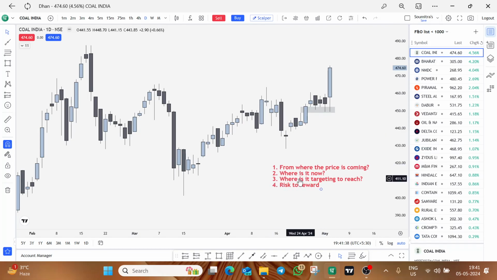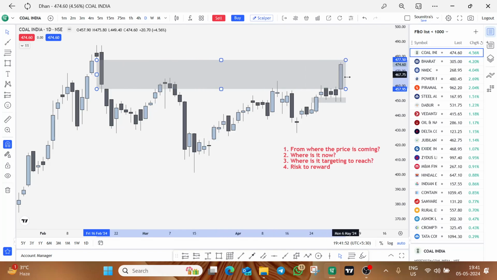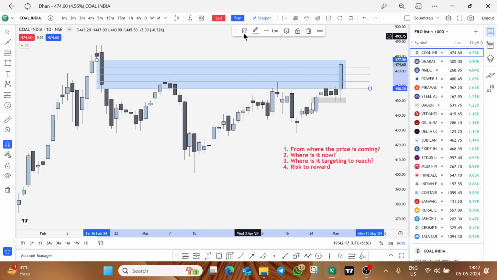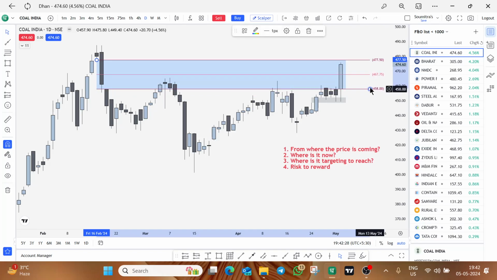So then the third question is where is it targeting to reach? You see here we have an opposite side inefficiency. This is a bearish fair value gap, but price has already visited this bearish fair value gap twice and gotten rejected. And this time, if you just draw a fib here, that means dividing the fair value gap into two parts, you can check this, 467.75.